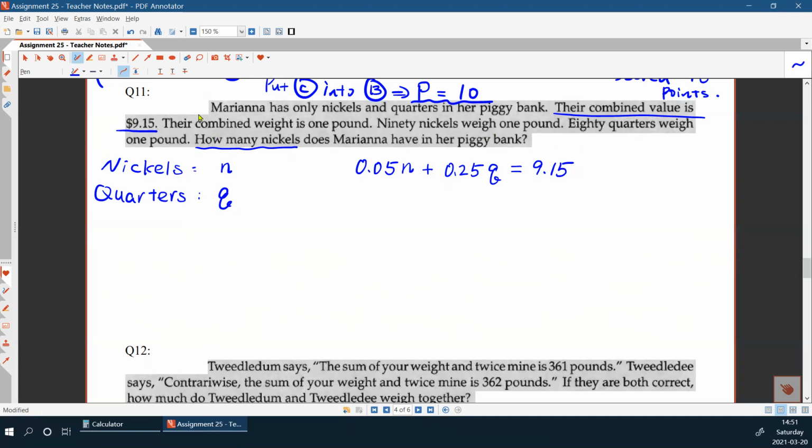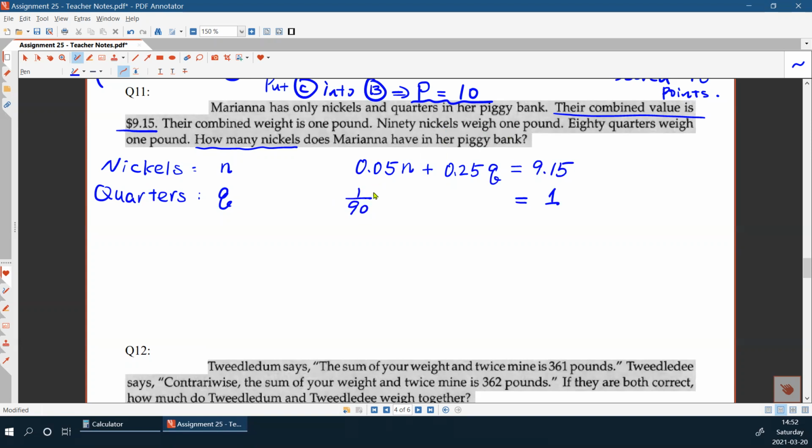We also know that their combined weight is 1 pound. So what is the total weight of nickels? It says 90 nickels weigh 1 pound. That means for each nickel, the weight is 1/90.